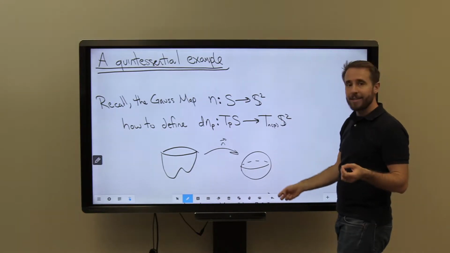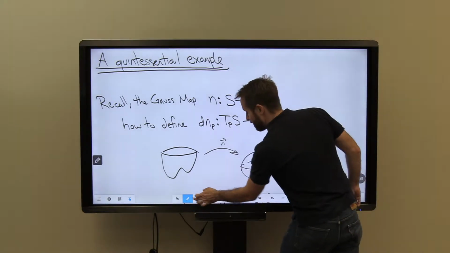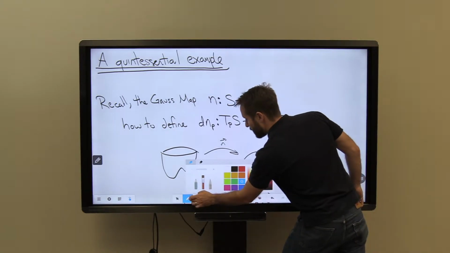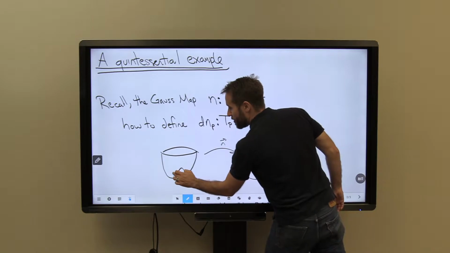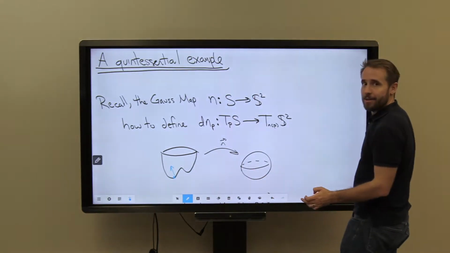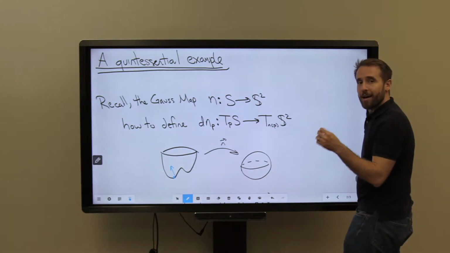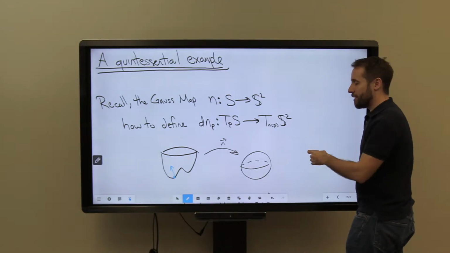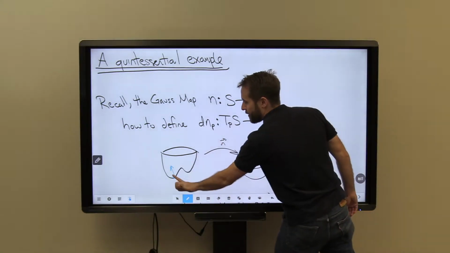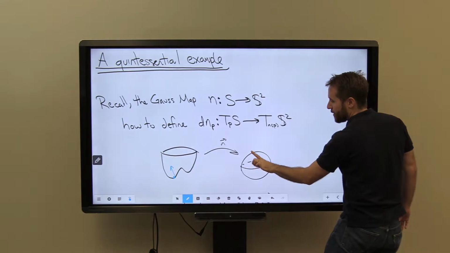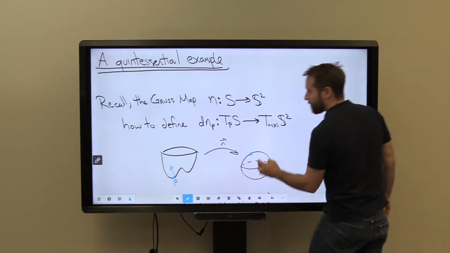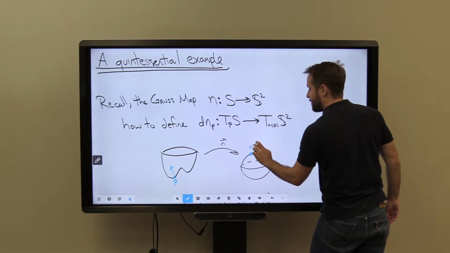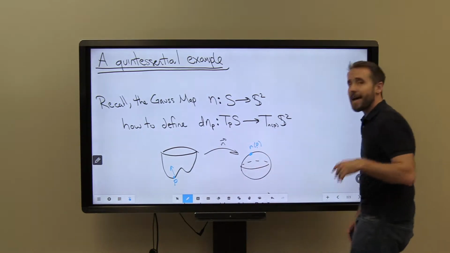We take our point P, compute the unit normal vector n, and then point out where that unit normal vector is on this sphere. So this unit normal vector is pointing up in this direction, so that would correspond to this point on the sphere. This might be my point P, and this might be my point n of P.